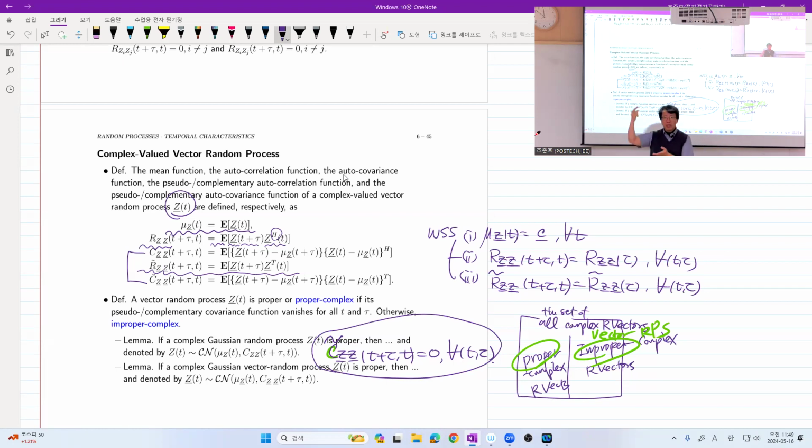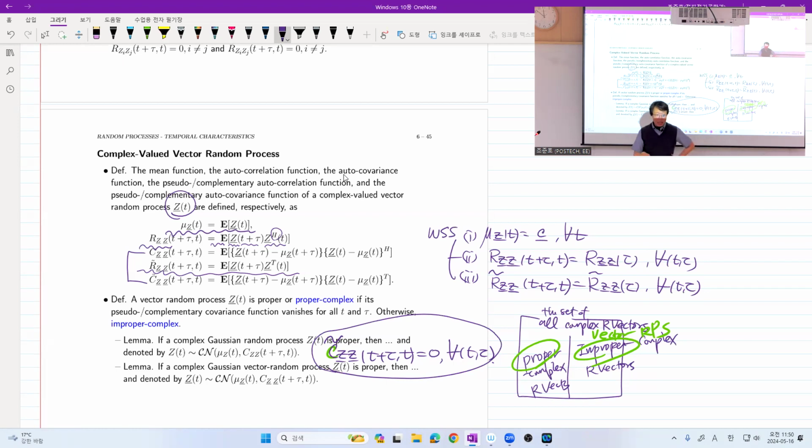What would be the property of its complex baseband equivalent? Interestingly, it is proper. So real bandpass wide-sense stationarity implies complex baseband signal propriety. It is a proper complex random process.